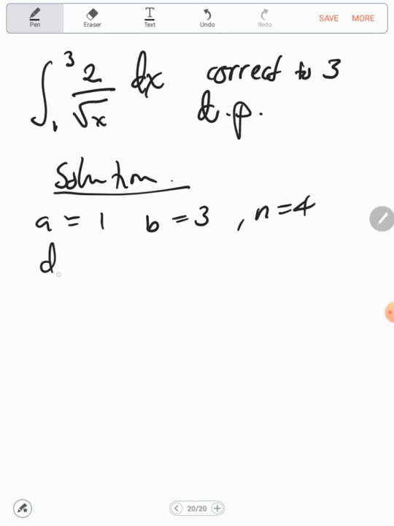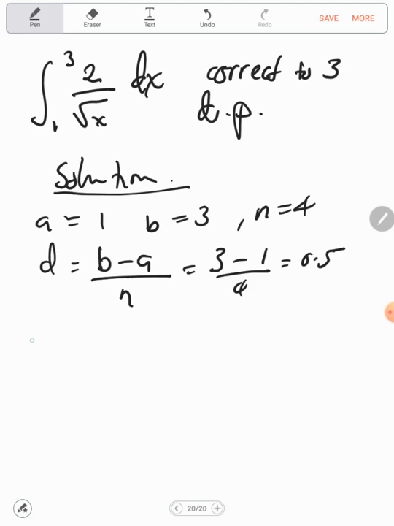Let's find our d. d is still B minus A over N, 3 minus 1 over 4, which gives us 0.5.